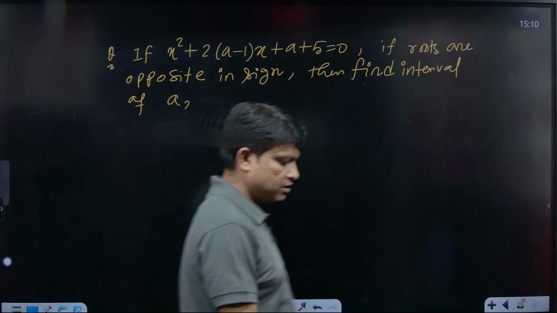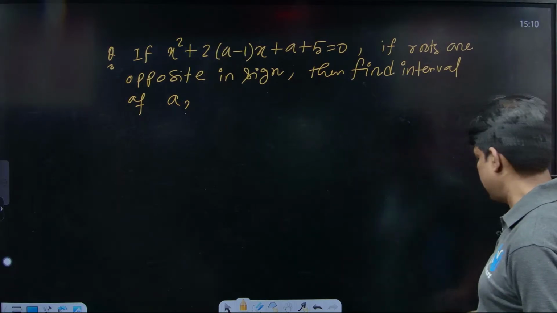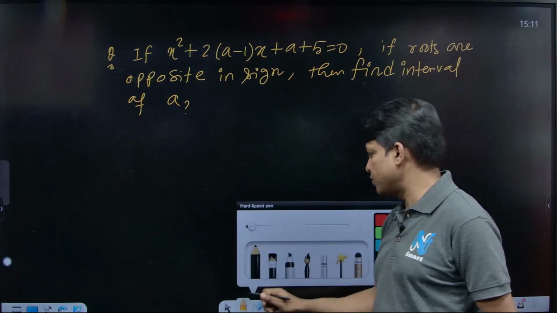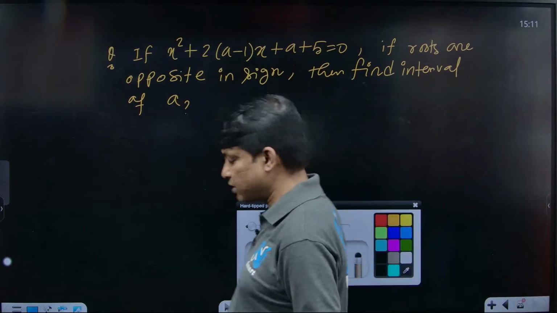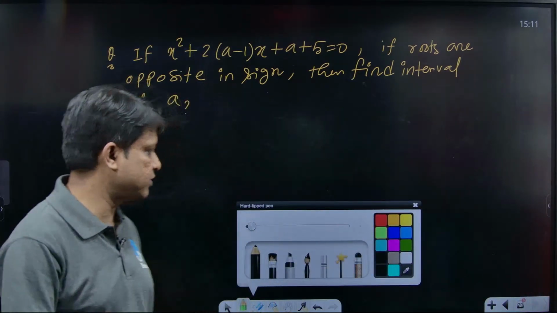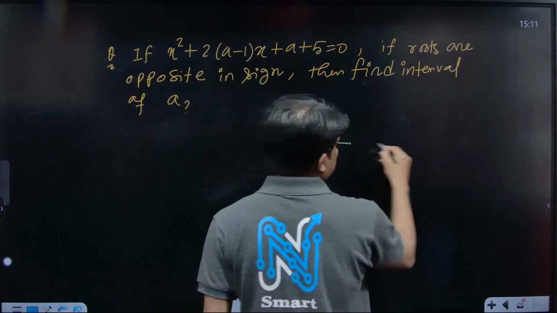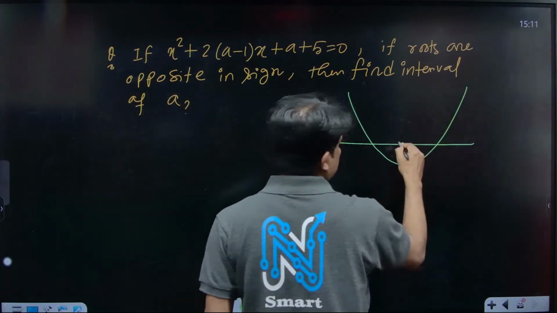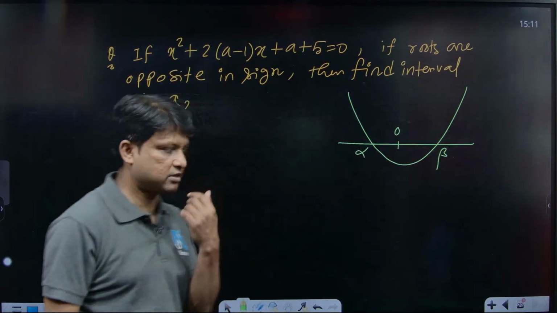Same condition: we know the conditions for the location of roots. One root is positive and one negative, that means 0 lies between the roots. The x square coefficient is positive, so here is the origin, this is alpha, this is beta, only one case.